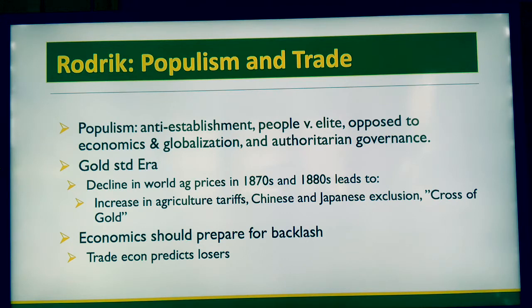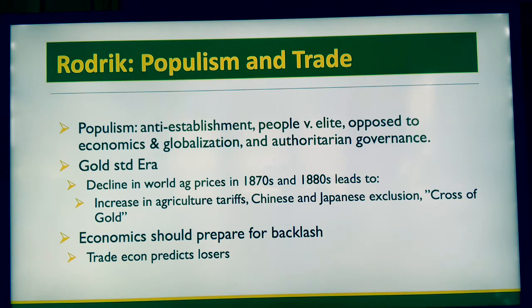He gives a little historical background, showing the first era of populism resulting from the gold standard era, where there was a decline in world agriculture prices in the 1870s and 80s. This led to an increase in agricultural tariffs.